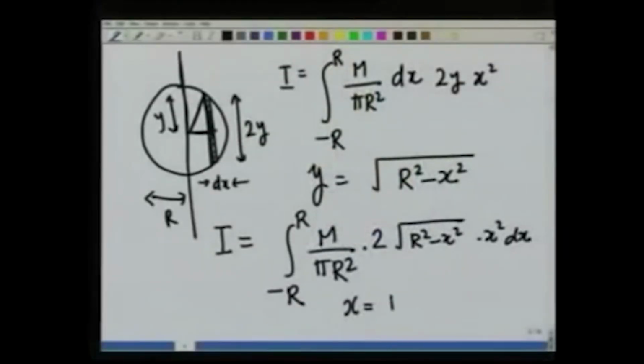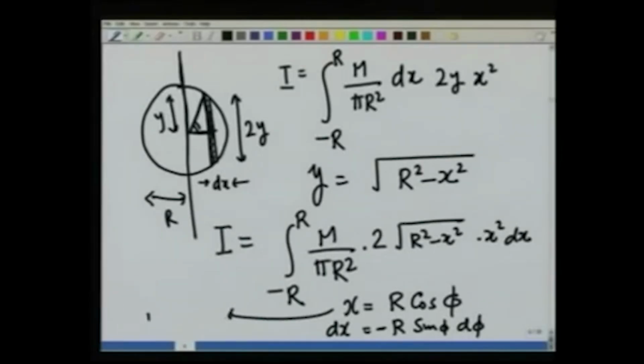Let me take x to be equal to r cosine of phi, that gives you dx is equal to r sine of phi d phi with a minus sign in front, and the limits for this are going to be, for x equal to minus r it is going to be pi, for x equal to r it is going to be 0. With this minus sign, the limits change.